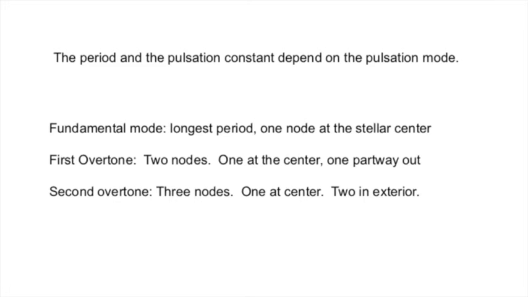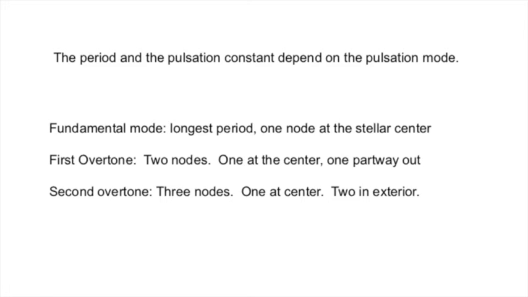Now, I'm not going to say much about pulsating modes, but there are different ways that stars can pulsate. They can either pulsate radially, in and out, or non-radially. In the radial case, the longest period of the star is called the fundamental mode. Generally, such a star just has one non-pulsating point, a node, down the center, and pulsates in the outer part, in and out.